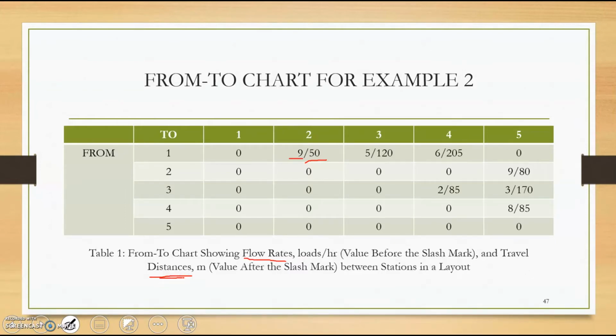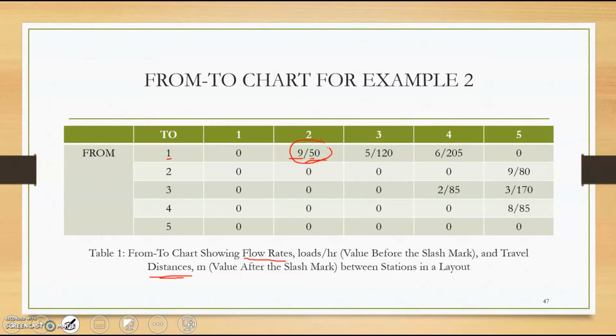In this particular number, these are the corresponding values between station 1 and station 2. It means that the AGVs will deliver 9 loads per hour, and the travel distance involved is 50 meters.